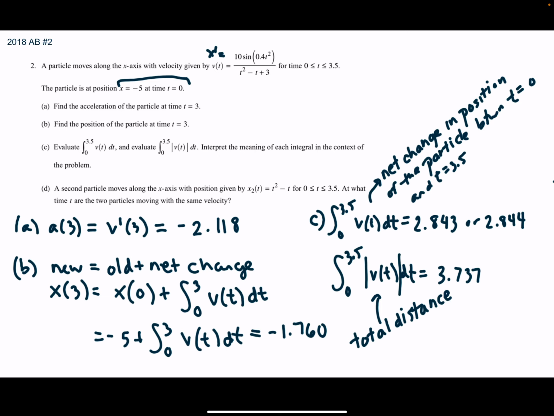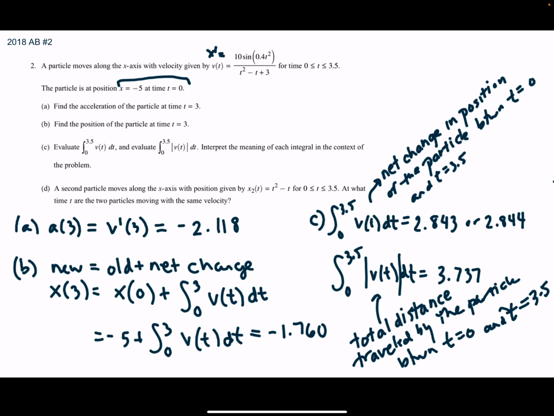The integral of speed, which is the absolute value of velocity, gives you total distance traveled by the particle between t equals 0 and t equals 3.5. It is very, very important that you know the difference between a net change in position and total distance traveled.